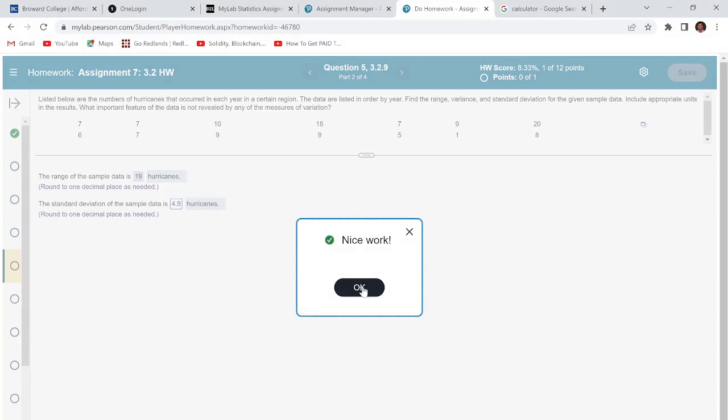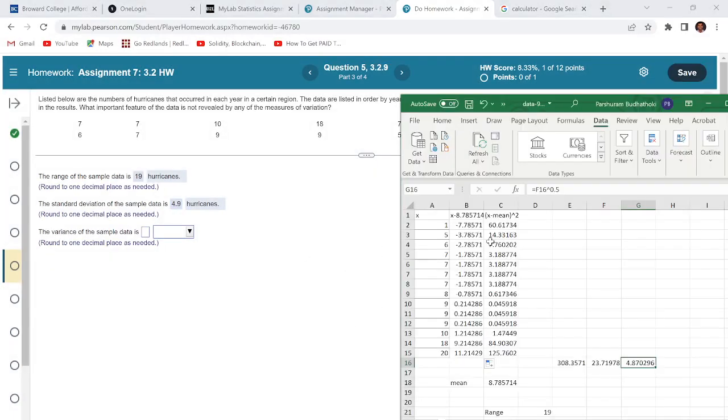Okay, so that's nice work. Remember, when playing with this Excel sheet or something else, because we have to handle this huge data, sometimes we might make a mistake, so we have to be careful. We have to check our work step by step before we enter our answer.